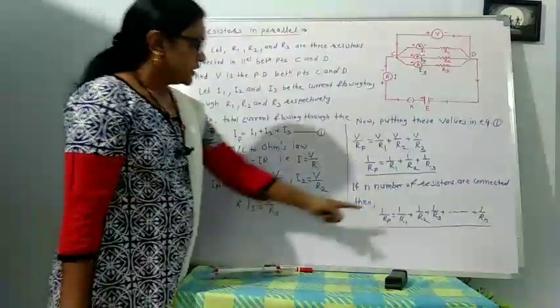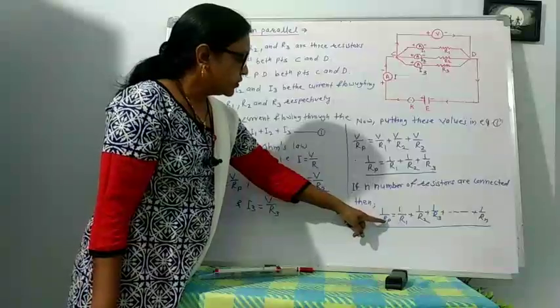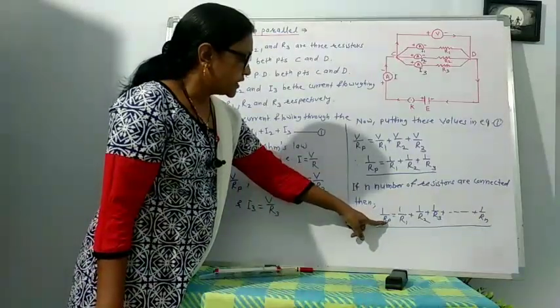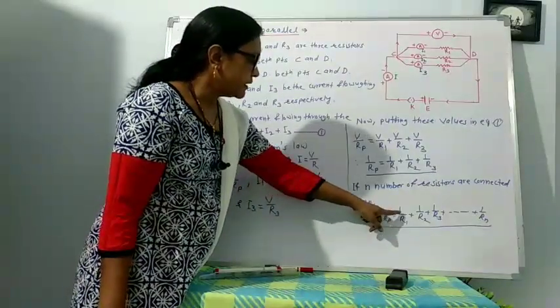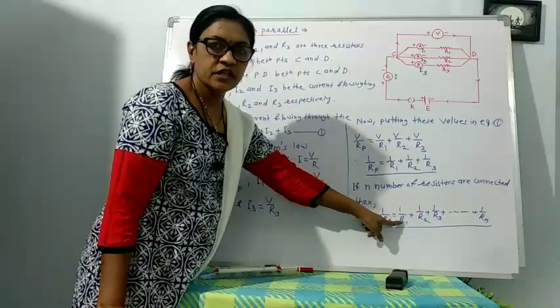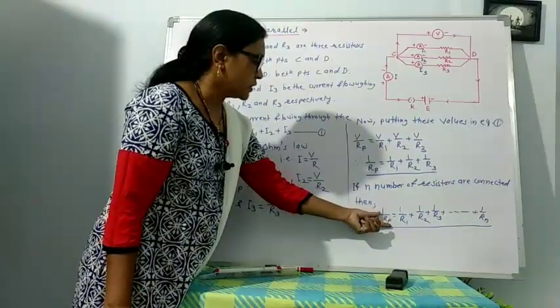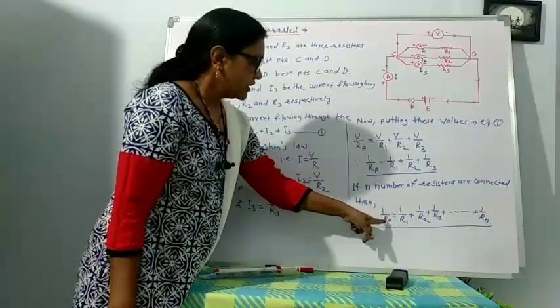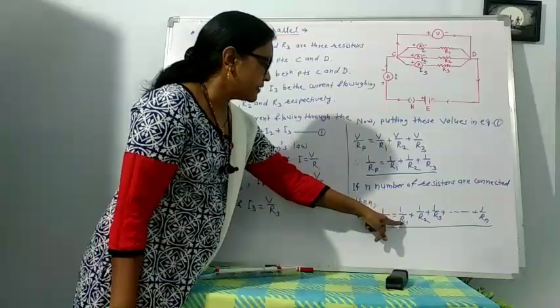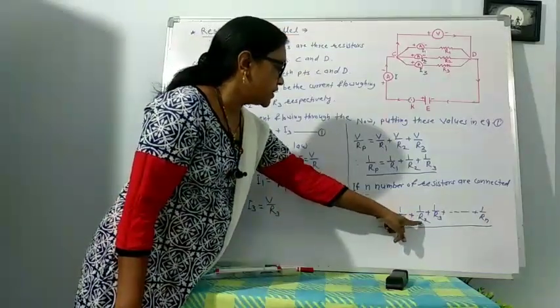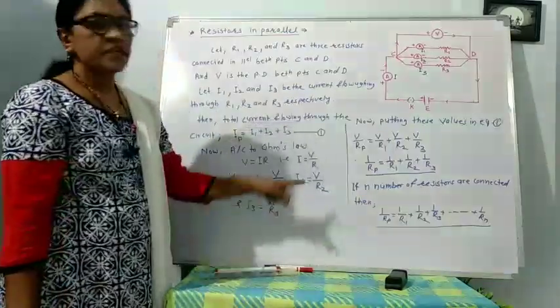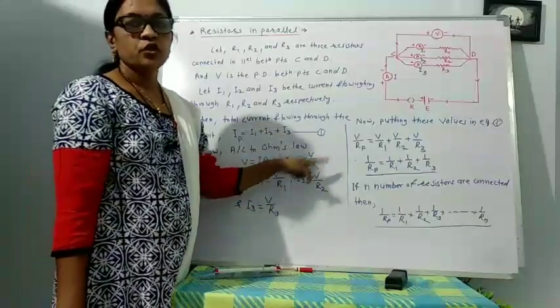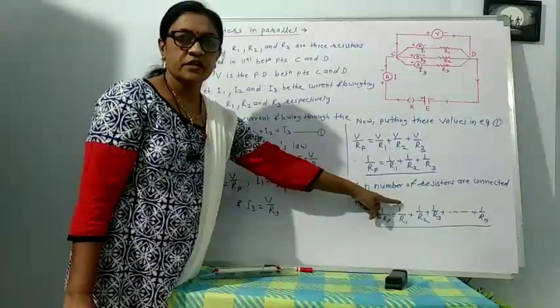And here this is the reciprocal, so effective resistance here is less than each individual resistance, so this arrangement is used to decrease the resistance.